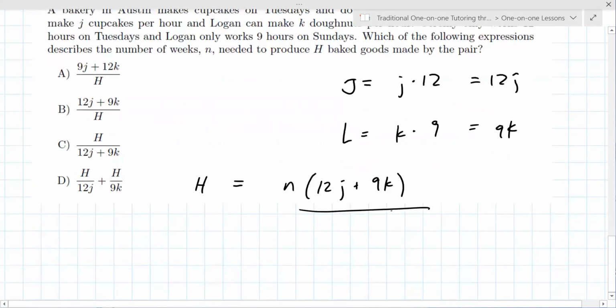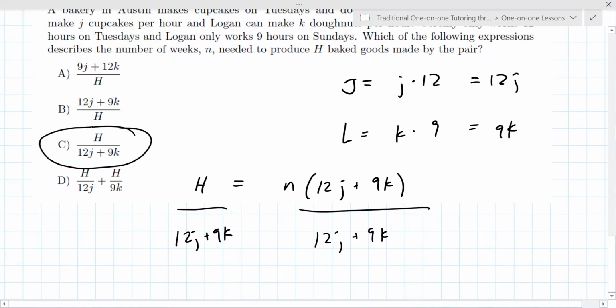So you divide both sides by 9K to get the correct answer, which is letter C.